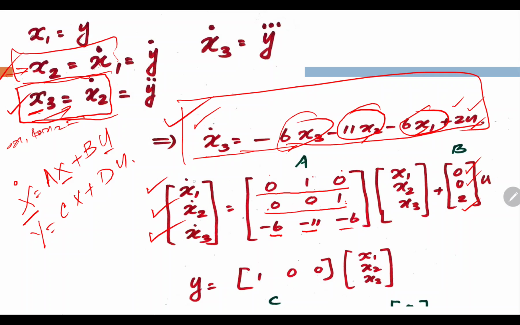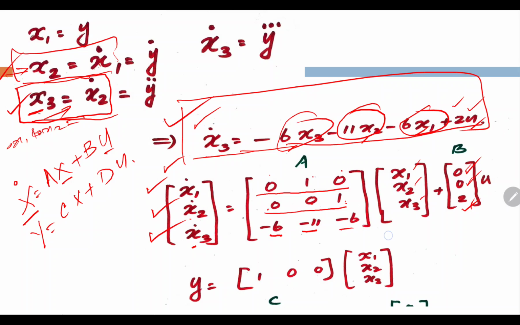So x1 dot, x2 dot, x3 dot is equal to this matrix, which is called the A matrix, into x1, x2, x3 plus 0 0 2 into u.